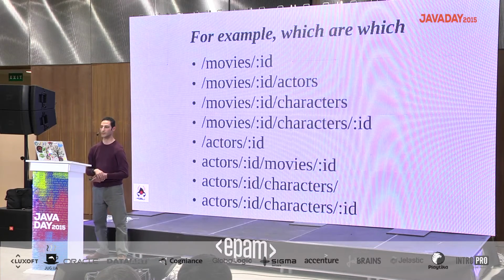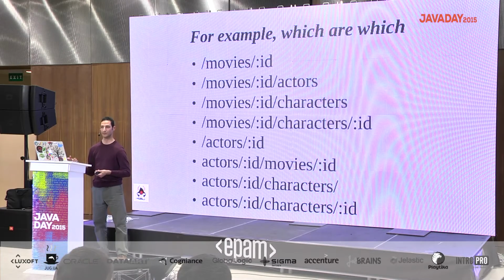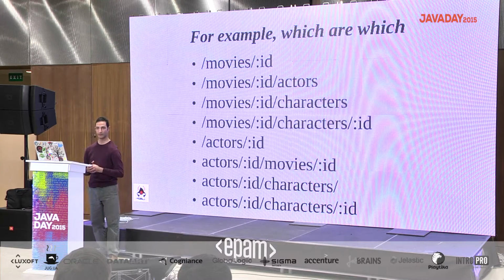So, for example, movies. The movies exist regardless of the actors or whatever in the library. The actor is defined in the movie, so the movie cannot exist without actors, without characters. So it depends on the characters and actors, but the actors can already act in many movies, right?